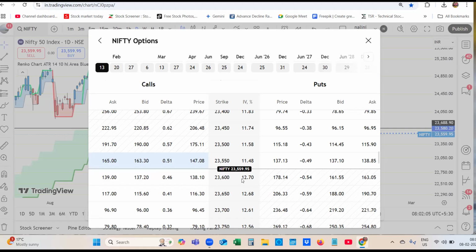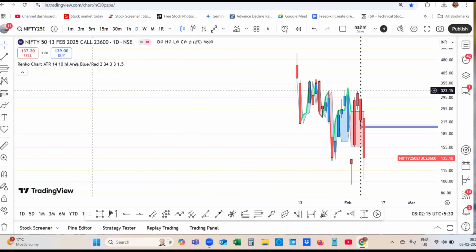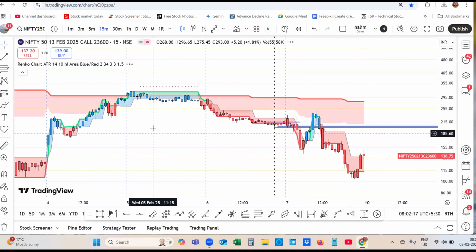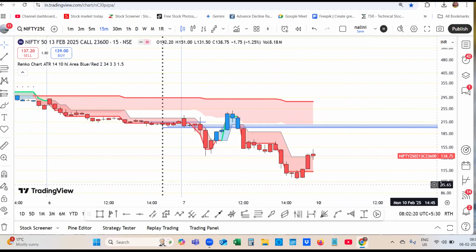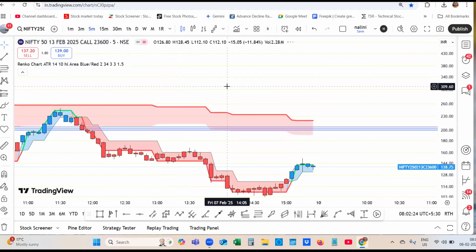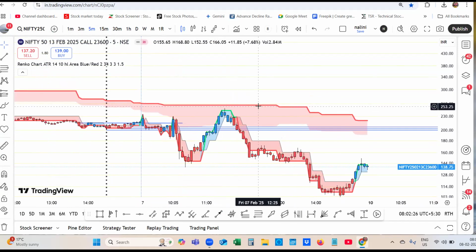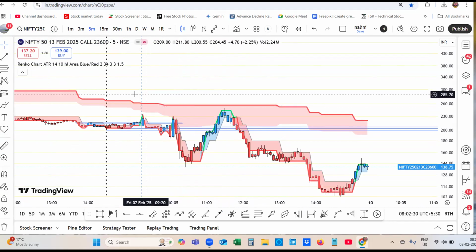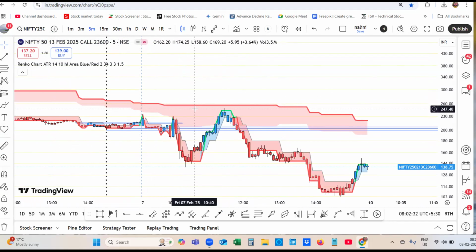Let us go to 23,500 call option for the entry. Not 23,600 call option for the entry. Let me go to 15 minutes for the scalping. Let me change it to 5 minutes. You know already, threshold already it has been plotted from the previous day itself.